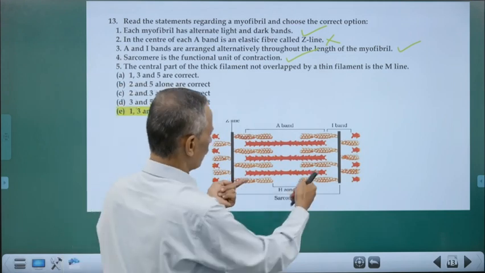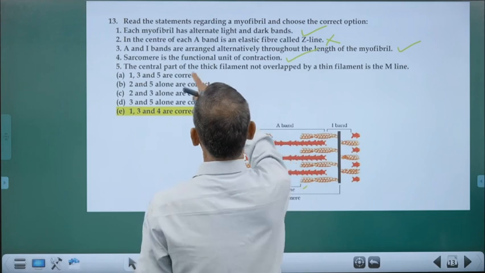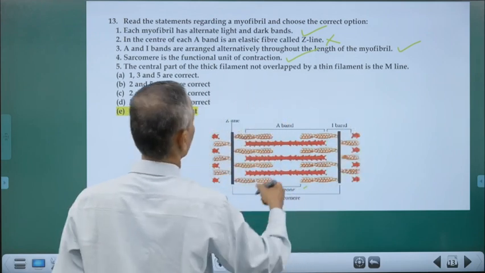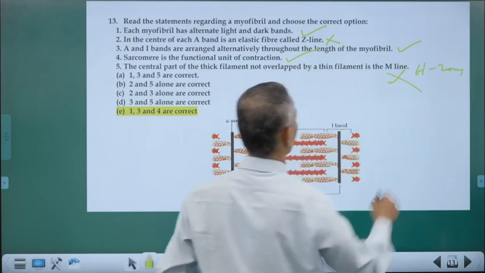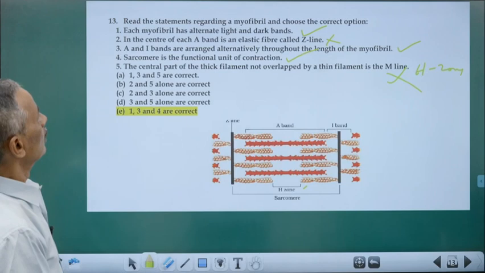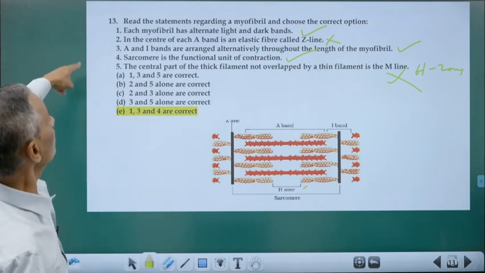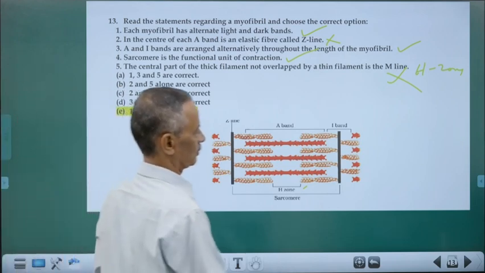The thin filaments are overlapping, but in the middle there is no overlapping. That part which is not overlapped by thin filament is called the H zone. So this is also wrong. So 1, 2 is wrong, 3, 4. That's why the option is 3 and 4.